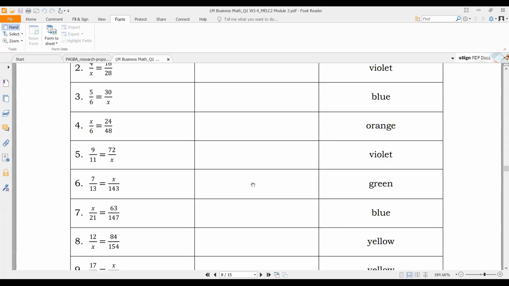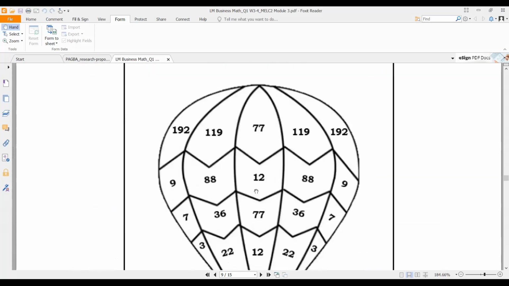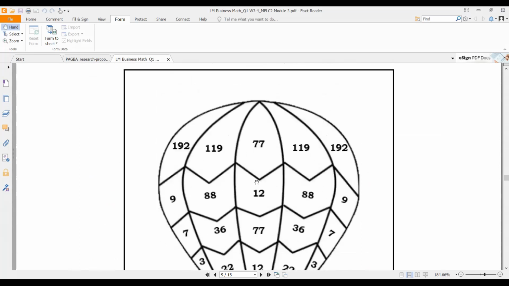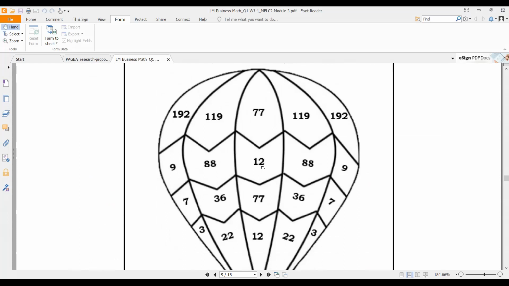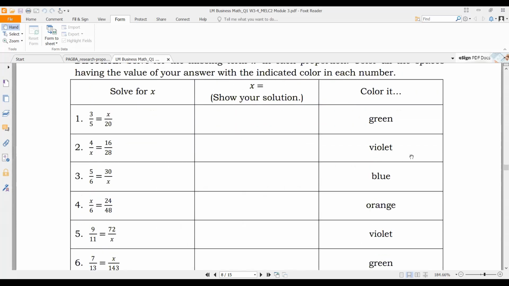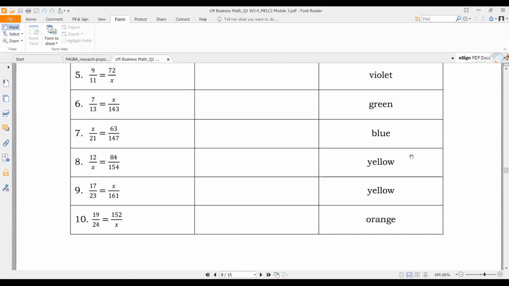Then may corresponding color, kukulayan mo ng green kung alin ang tamang sagot dito. So kailangan po natin ng Crayola. Or kung gagawin niyo naman siya sa picture, pwede naman po may iba-ibang kulay sa pag-edit. So, basic colors lang naman, green, violet, blue, orange, yellow.